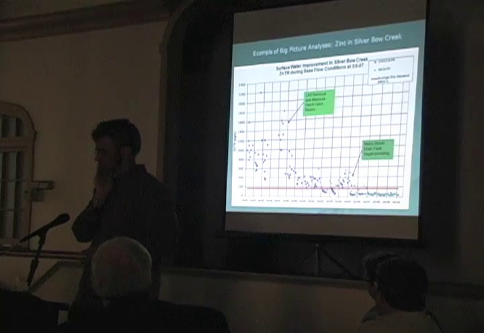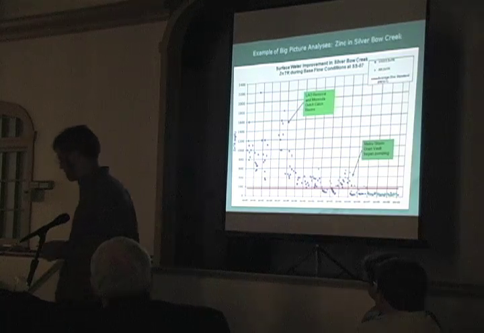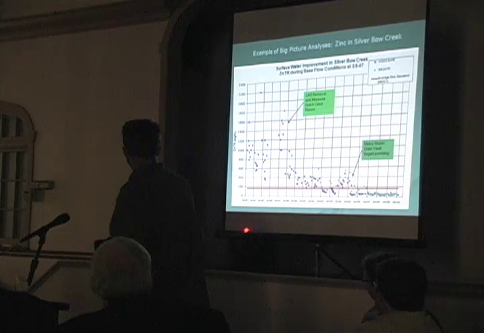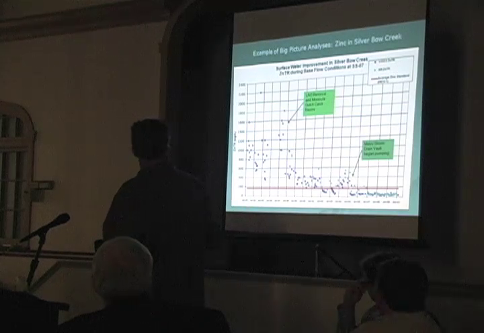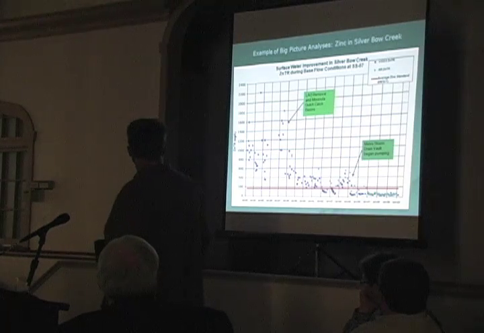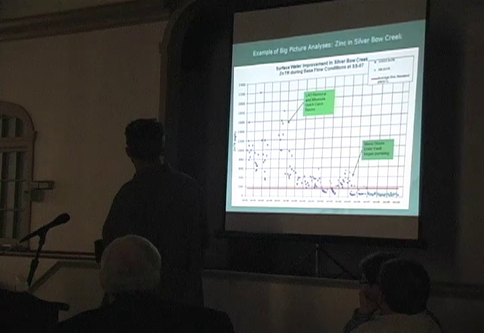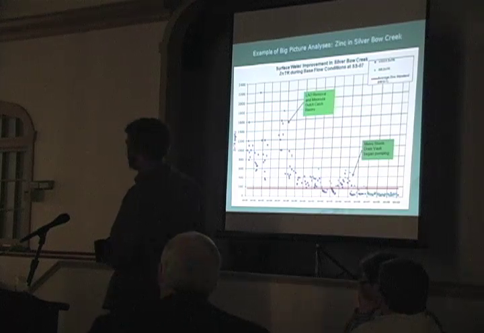Explain the graph, explain the axis. Thank you. Down on the bottom, starting back in January of 1993, we're ending in this year. This is total recoverable zinc in parts per billion.